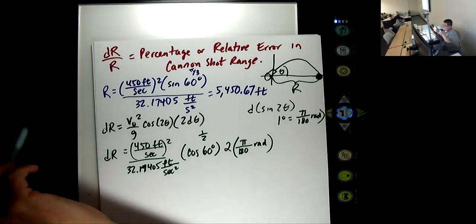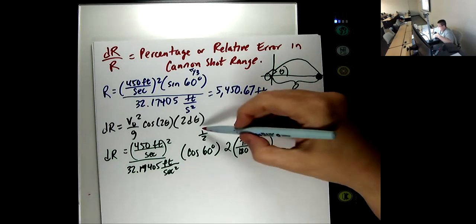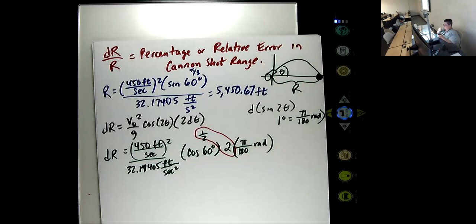Looks like the 1/2 and the 2 cancel. Save yourself a little work there. So we got 450 squared divided by 32.17405. That's my coefficient. And then I multiply it by pi and divide by 180.